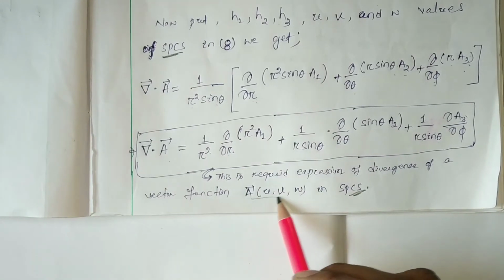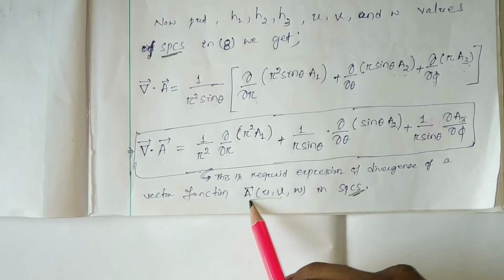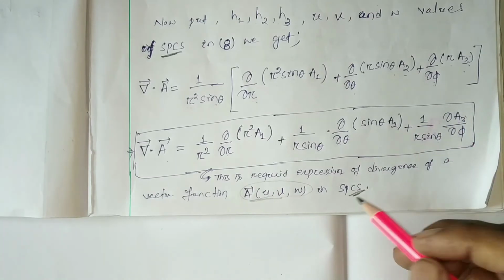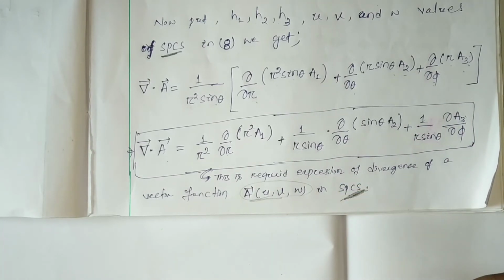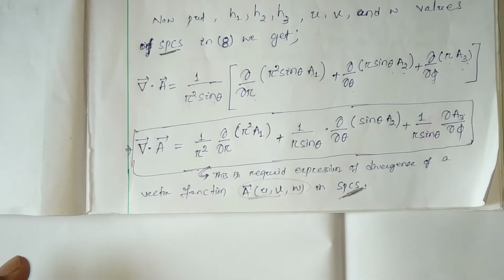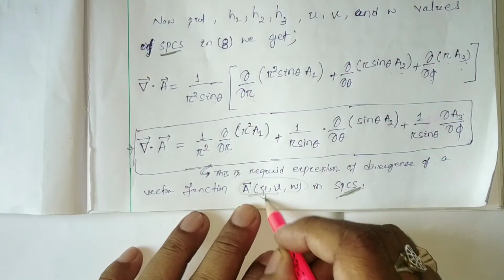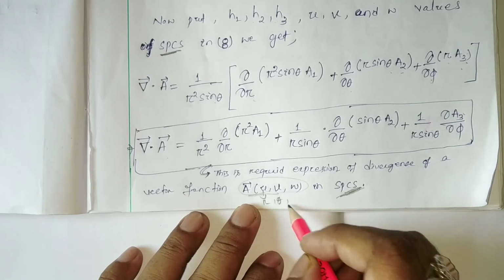Here I wrote A as a function of u, v, w, meaning originally it is in the orthogonal curvilinear coordinate system, transformed to SPCS, and we found the divergence. So here u, v, w are nothing but r, theta and phi.